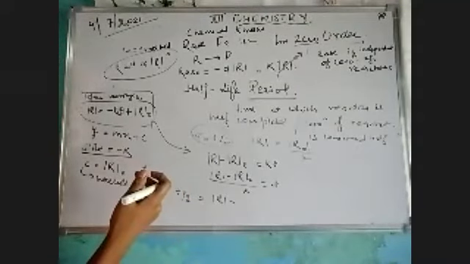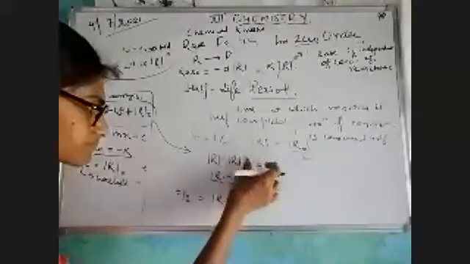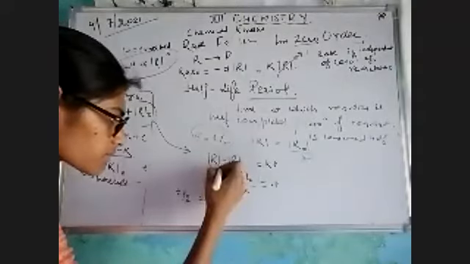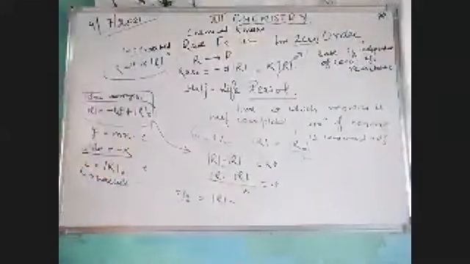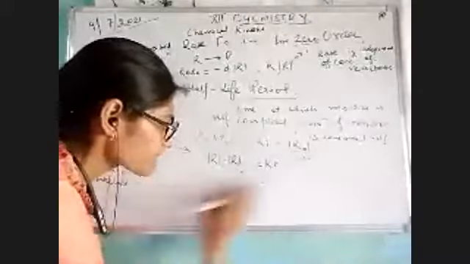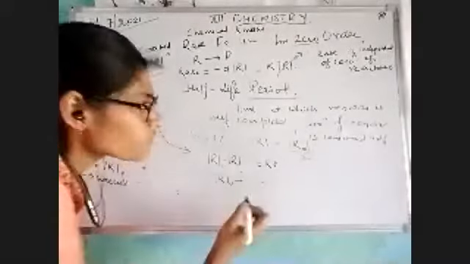R minus R naught equals to minus KT. That means, okay, this is my equation, R naught minus R equals to KT. Now, for this, we can calculate if we have to write KT. Okay, I'm just finding this complete equation. What is my R?